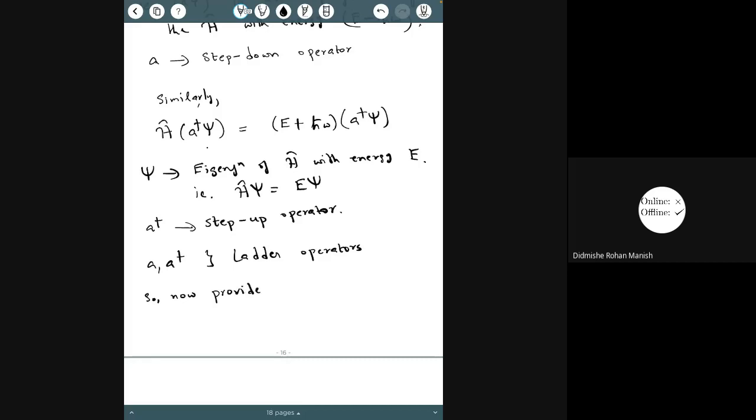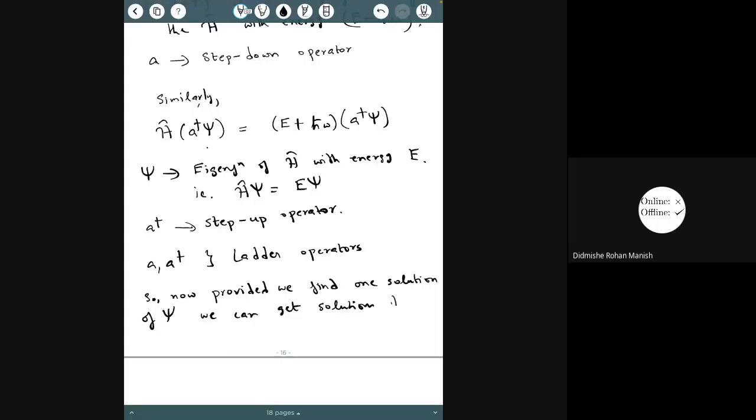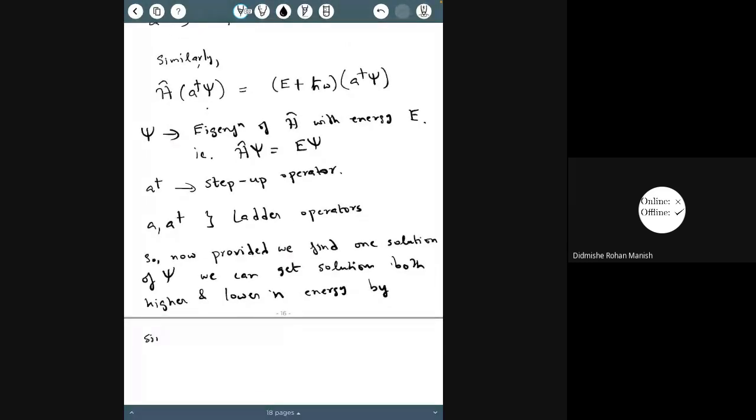Provided we find one solution of psi, we can get solutions both higher and lower in energy by simply acting a or a dagger on it.